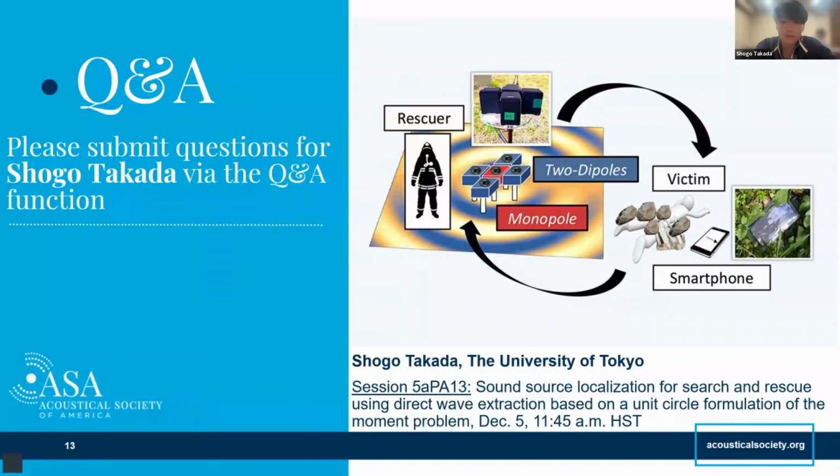But in our future work, we plan to extend our localization range to something like a 100 by 100 meter area by using drones with speakers flying around the disaster site. Locally, we can estimate the smartphone position within a 10 by 10 meter region, and we can cover much larger areas in total. I got you.